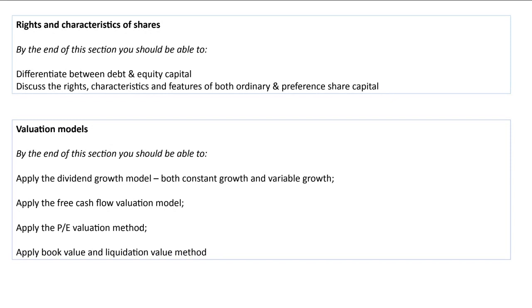On page 136, they discuss earnings per share, the actual EPS. And also underneath that, they discuss the PE ratio, which you did last year in your learning unit 2 for finance, where we did ratio analysis.